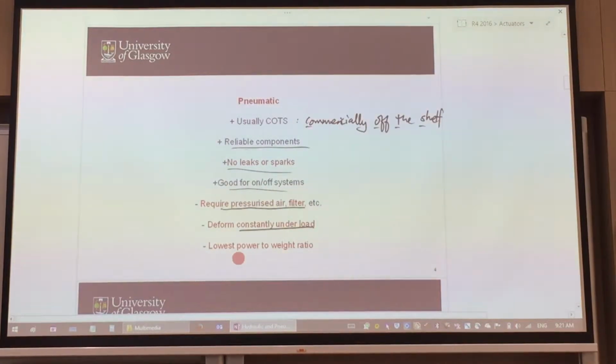Out of the various actuators, hydraulic, pneumatic, and your electric motor, the pneumatic will give you the least power-to-weight ratio. That means the amount of power that you want compared to the weight of the entire actuator, pneumatic will give you the least. So you don't get a lot of power for the amount of mass required to build the entire pneumatic system.